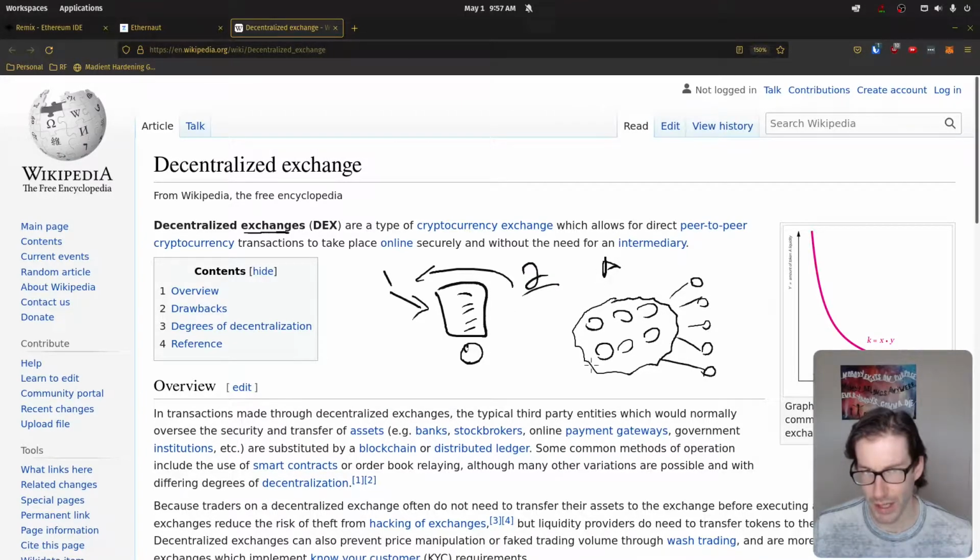Say we have Alice and we have Bob, and Alice wants token 1, and Bob wants token 2. Say Alice has a bunch of token 2 and Bob has a bunch of token 1. So they can actually exchange that here. Alice can say, hey, I want token 1, and Bob says, hey, I want token 2. They'll put that into the liquidity pool and they'll exchange it here.